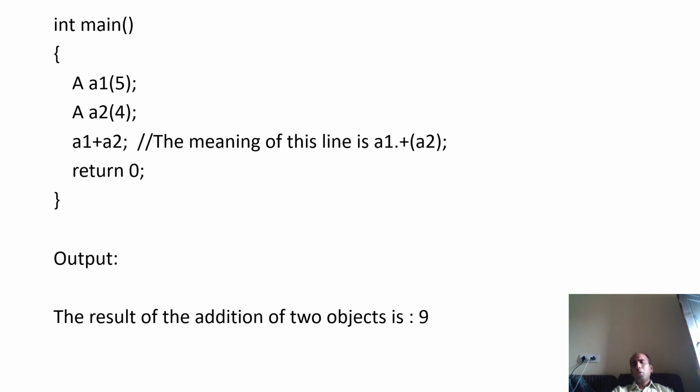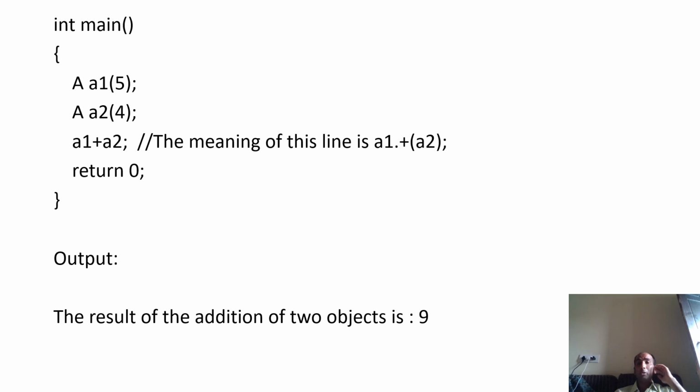Now, when you are calling this plus function with A1, the value of A1 will automatically be received by the function. For example, like in the previous case, there is a class student, there are 2 functions get and display. You are calling the display function with S1. The value of S1 will automatically be displayed. So the value of A1 will automatically go to the member function, but A2 it will not receive.